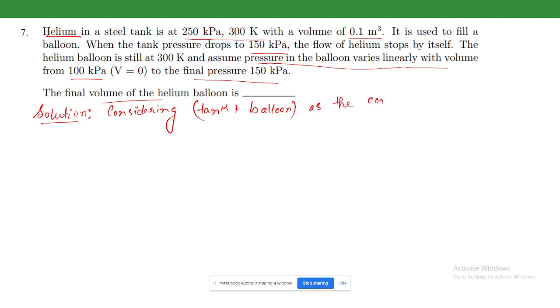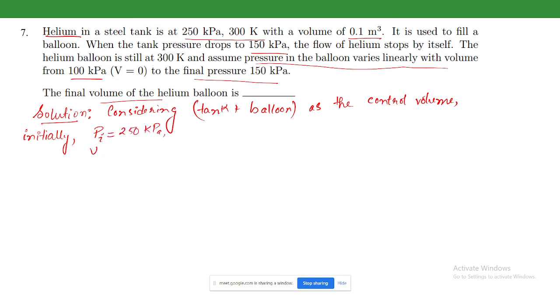Initially the volume of the balloon is 0, so it doesn't occupy any space. Only the volume of the tank gives the control volume here. So initially, what is the pressure? The pressure inside the tank is 250 kPa, right?